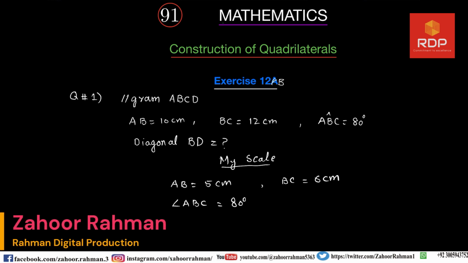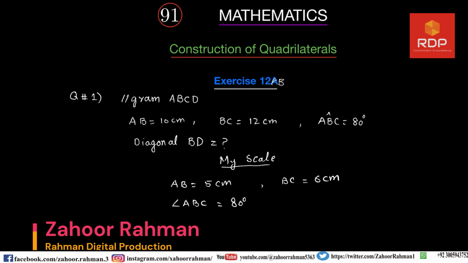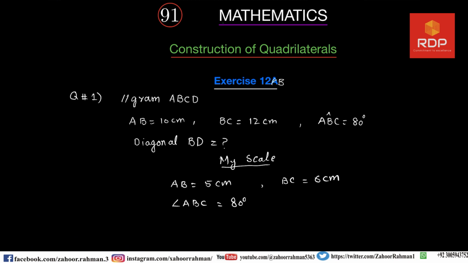So, question number 1 is saying construct a parallelogram ABCD. I wrote it for your convenience here: parallelogram ABCD, such that AB is equal to 10 centimeter, BC is equal to 12 centimeter, and angle ABC is equal to 80 degrees.